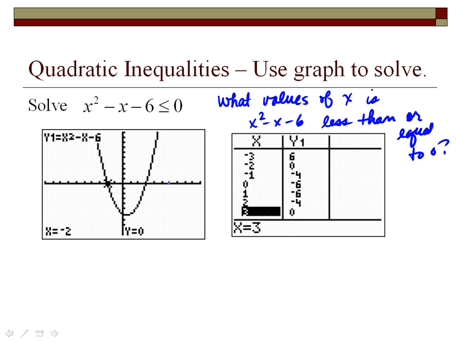Well, we know where it's equal to 0. It's equal to 0 at negative 2 and 3, right? Because those are the solutions to that equation that we just talked about, which is here at negative 2 and at 3.